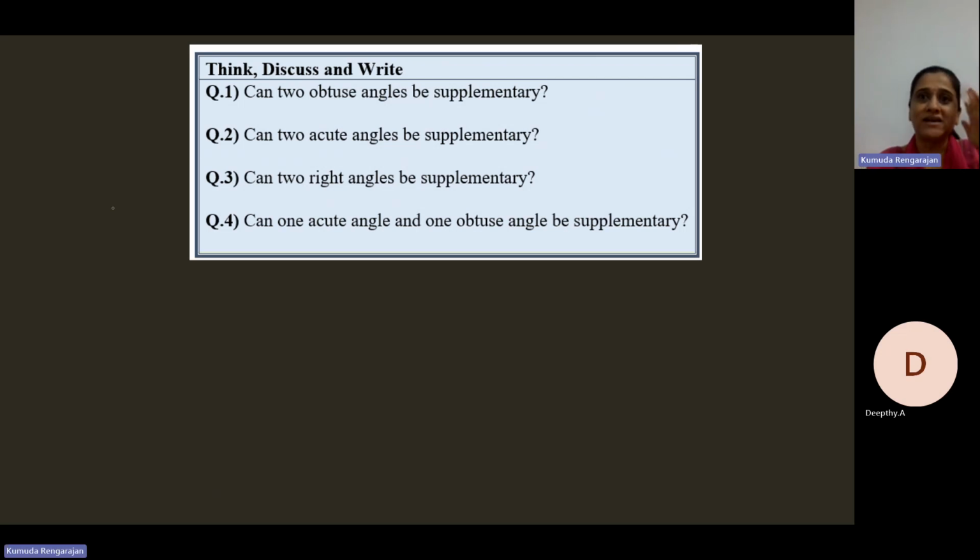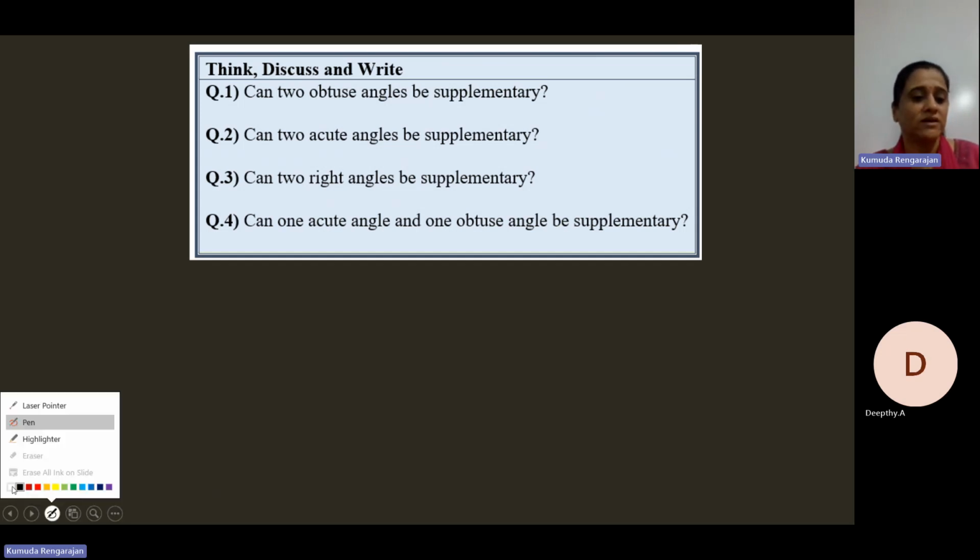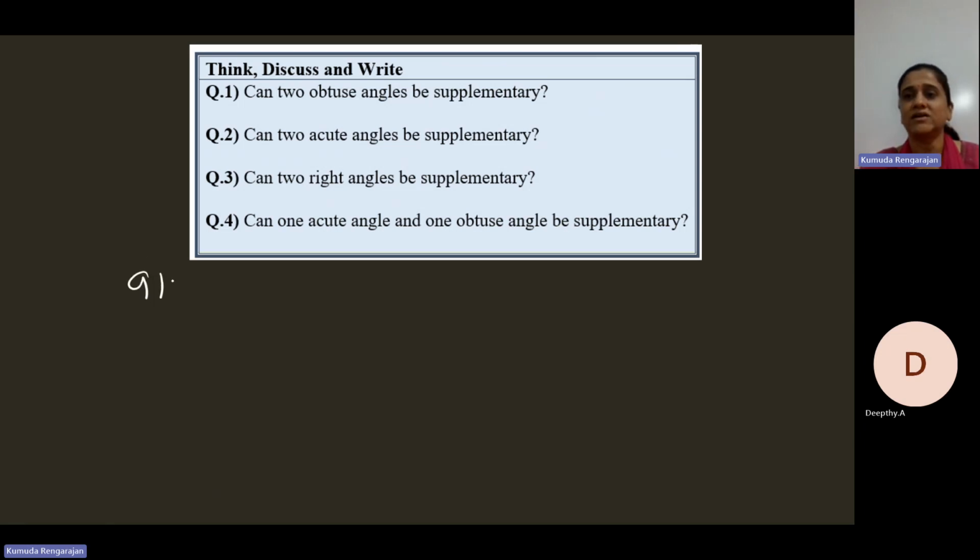See, if both the angles are more than 90, then the sum will be more than 180. Just take a little more than 90, say 91 degrees. 91 degrees is an obtuse angle.